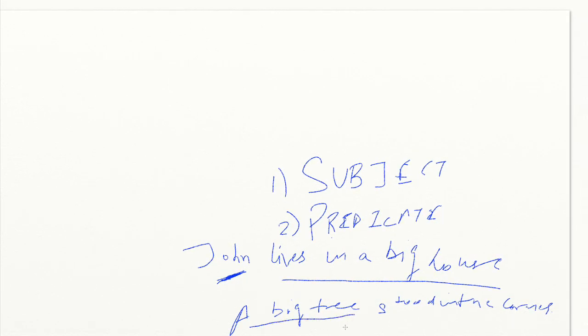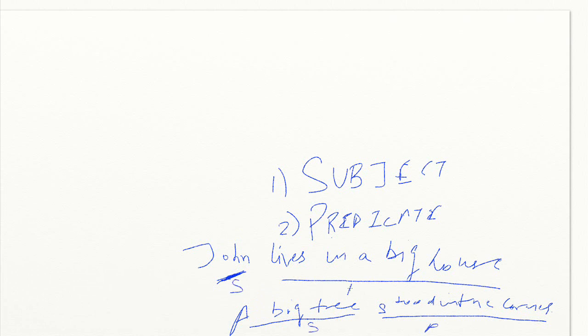So this becomes our subject. And predicate. Predicate is that part of the sentence which says something about the subject. So what does the sentence say about the big tree? The big tree, which is the subject, stood in the corner. So that becomes your predicate, and a big tree becomes your subject.